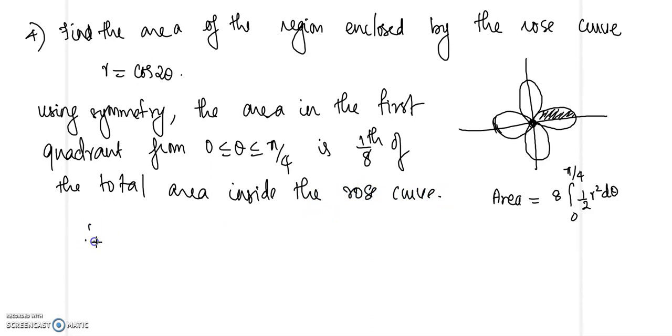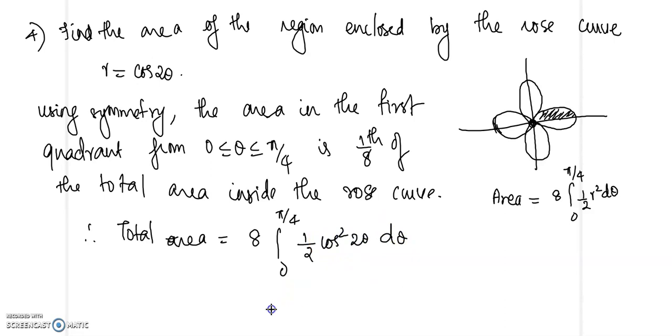So therefore the total area will be equal to 8 times integral 0 to pi by 4 1 by 2 r square d theta. Cos square 2 theta d theta will come, so that will be 4 times integral 0 to pi by 4. So we will get (1 plus cos 4 theta) by 2 d theta.